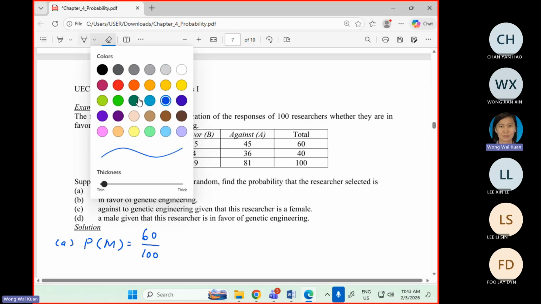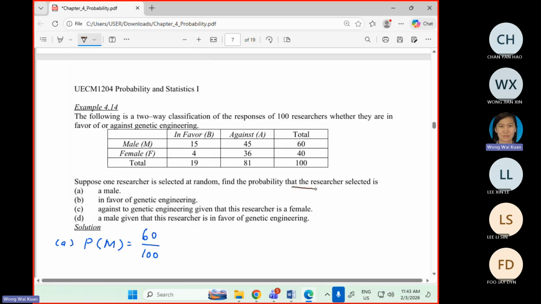Now, second one. I'm looking for the probability that the researcher is in favor of genetic engineering. In favor of. In favor is B, right? And that is one single event only.